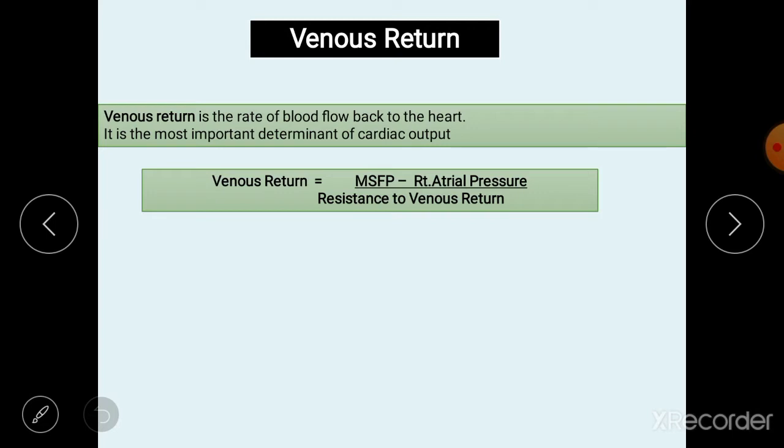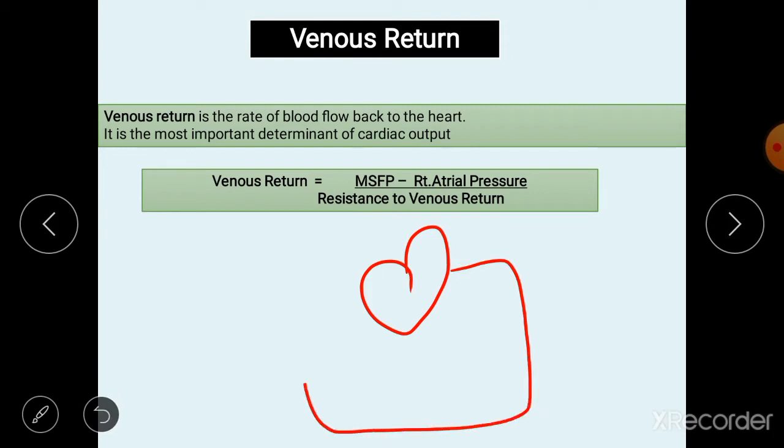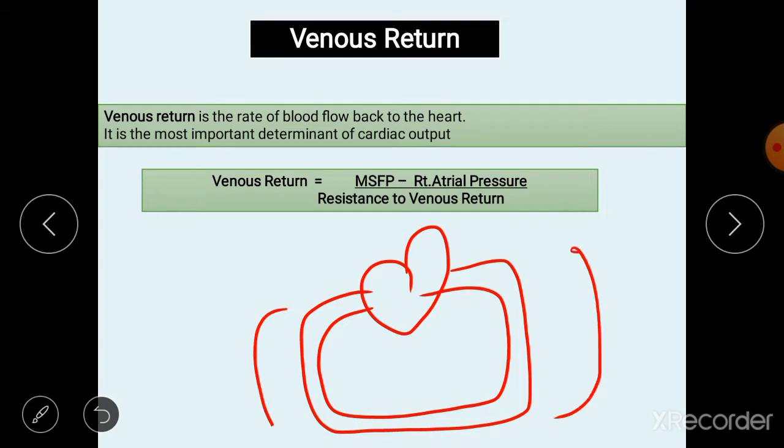So, do you remember what is mean systemic filling pressure? As I told you in the previous lecture, to calculate the mean systemic filling pressure, you have to suppose this is your heart and this is your systemic circulatory tree. Here on this side are your arteries and these are your veins.